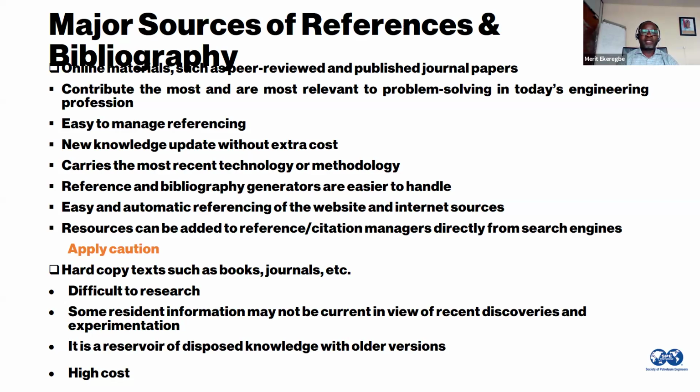And references and bibliographies are very easy to handle when using citation generators. If you want to do that with hard copies, it's difficult. You just have to manually put them in place, and that is cumbersome work. And one of the advantages of online resources is that you can actually reference a work that you see on Google.